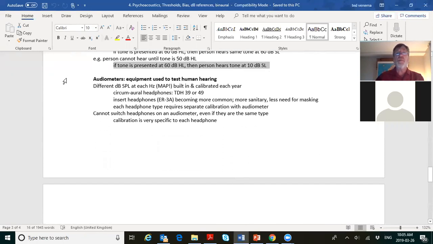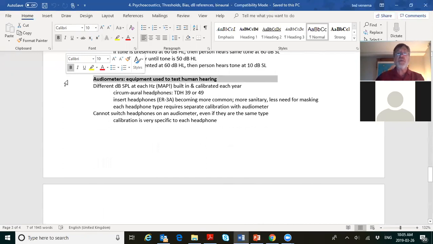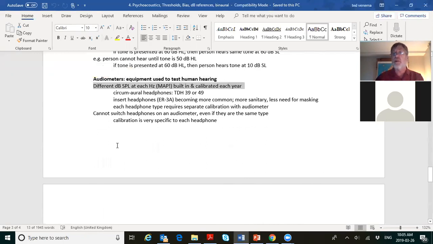Audiometers are equipment used to test human hearing. Different decibels SPL at each frequency are built in and calibrated each year. MAP. We test with circumaural headphones or with insert headphones, either one.